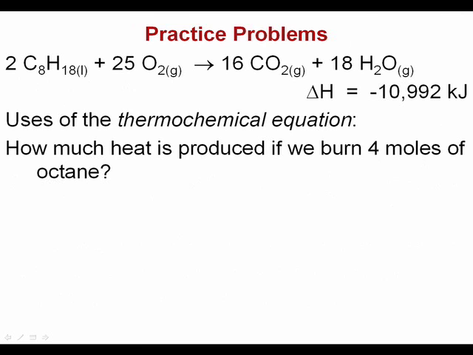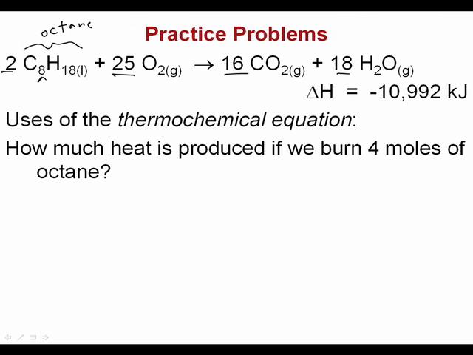Let's look at some practical problems because these are extremely useful, and we're going to intertwine our discussion of stoichiometry, that is, relating the number of moles in a reaction to each other. All right? I could read this reaction simply as, this is octane, which you might have heard of.